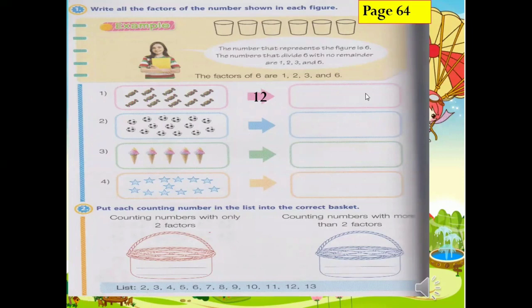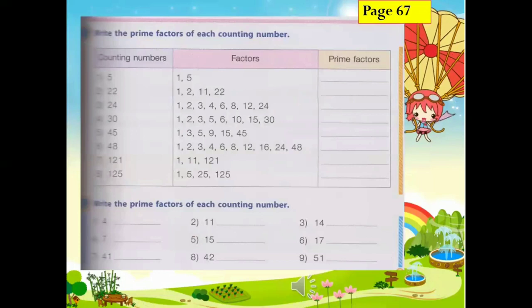Now you have to write the factors inside the box. Okay, page 67. Write the prime factors of each counting number. It's so easy because the factors are given. Just write the prime factors. Also here, write the prime factors.